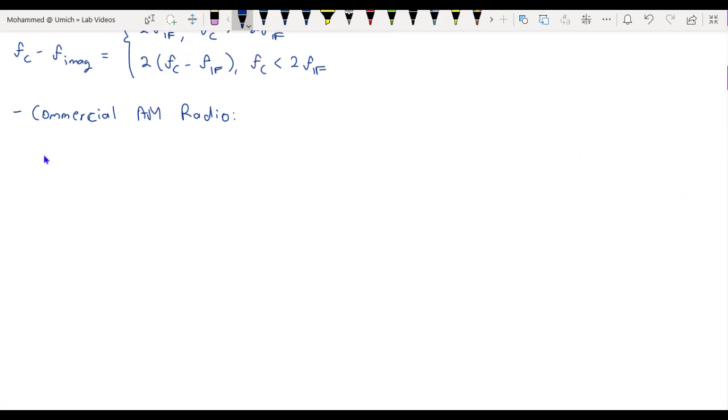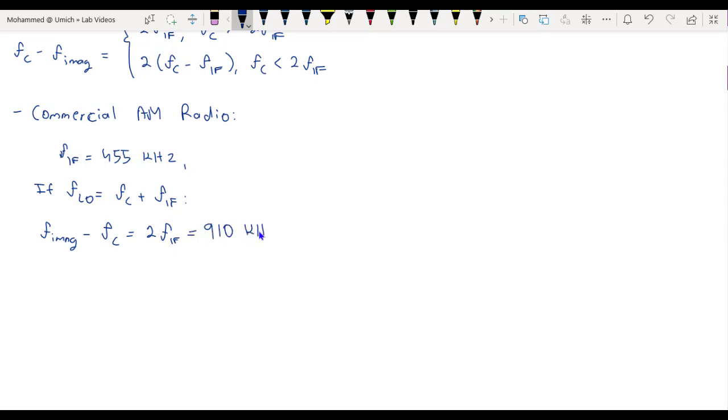The standard IF filter in commercial AM radios has a center frequency FIF equals 455 kilohertz, which means that assuming we choose the local oscillator frequency as F_LO equals Fc plus FIF, then the difference between the image frequency and the center frequency equals 2 times FIF, which equals 910 kilohertz. So the desired station and the image frequency are separated by 910 kilohertz.